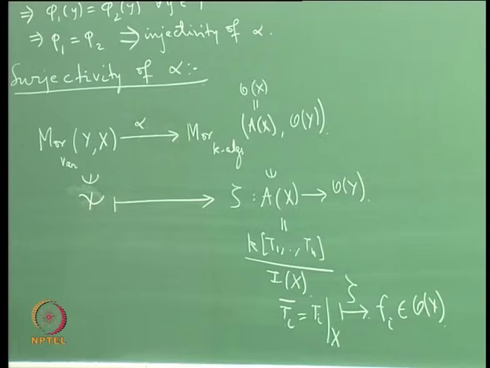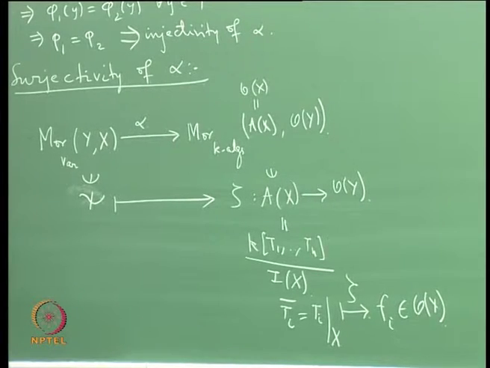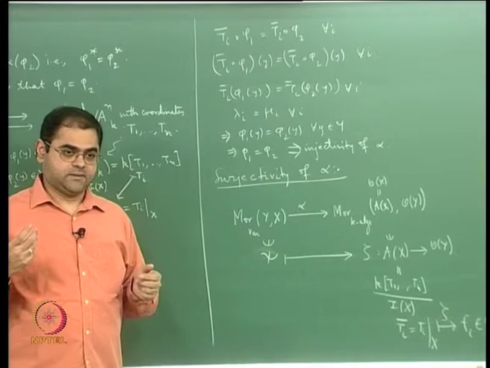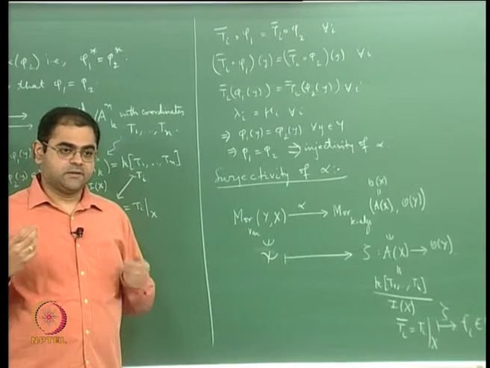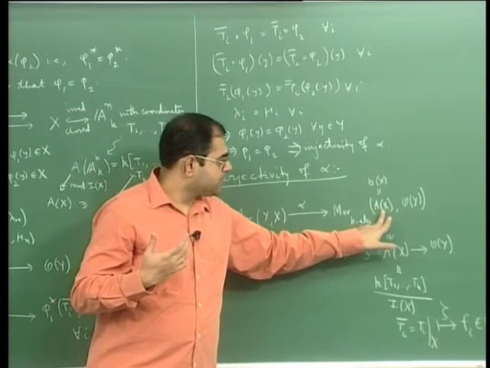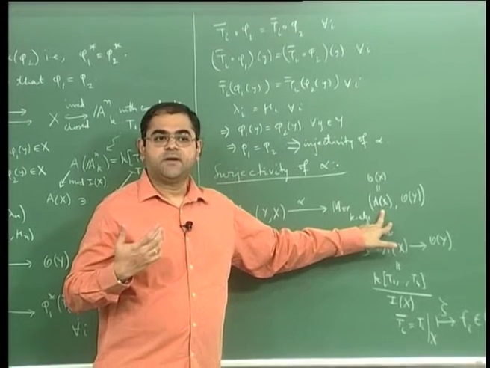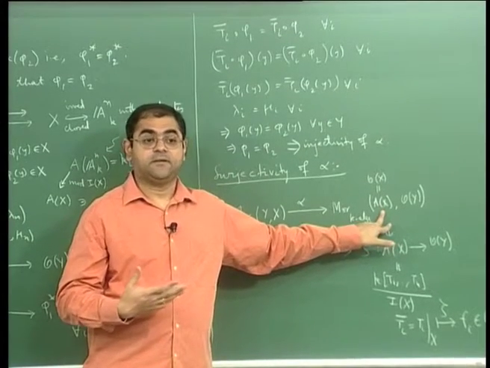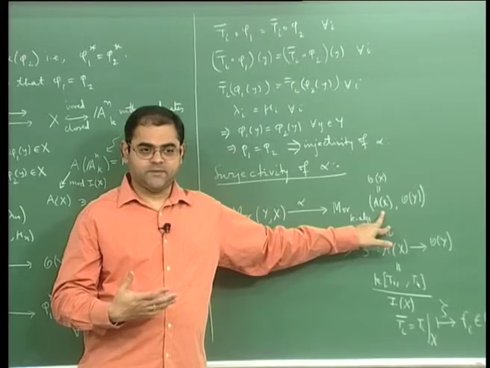Okay, so we are just saying that morphisms into an affine variety, via the pullback of regular functions, correspond to k-algebra homomorphisms from the ring of functions on the affine variety.